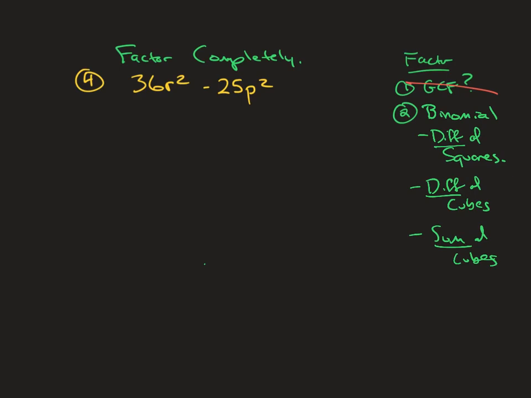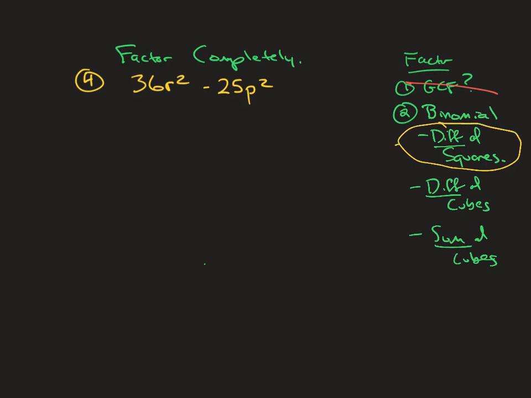Again, sum and difference. Difference is subtraction, sum is addition. So this is definitely not sum of cubes. If we're looking at our squares list, you'll notice that 36 and 25 are both on there. R squared and p squared would both be on there because they're equivalent to the x squared part. But difference of squares is what we want to go with.